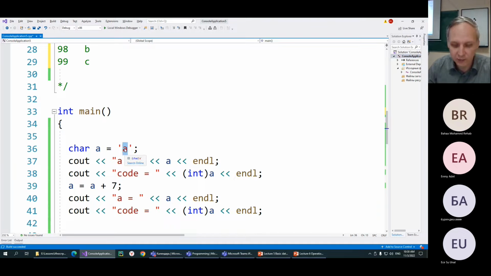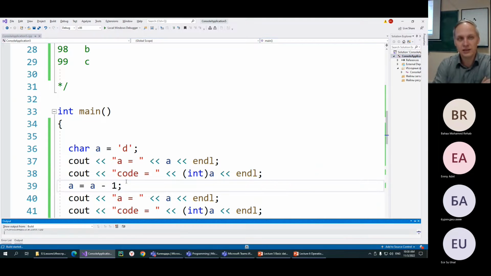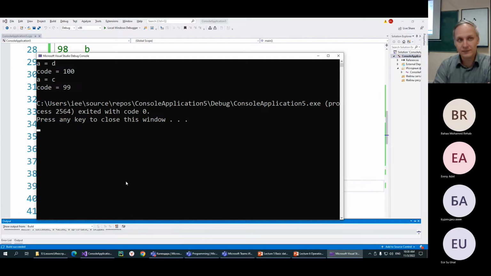For example, A equals to B, and I can apply subtraction, D minus 1, and we will see on the screen the previous character: A, B, C, D, E. So we will see on the screen C with the code 99.